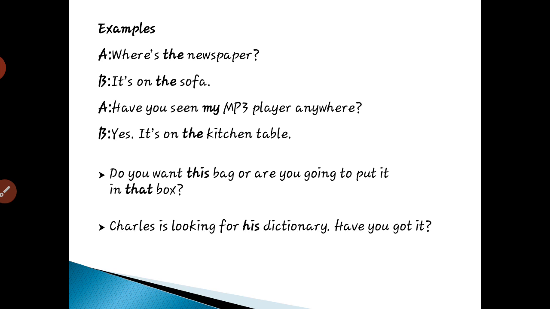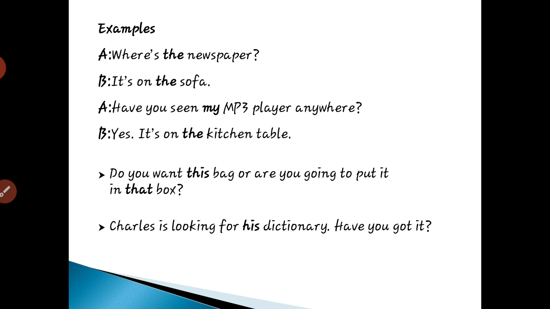So these are the articles, possessives and demonstratives which are used as referring words, whereby we refer to something related to a noun. As in the first sentence, the is related to the noun newspaper.